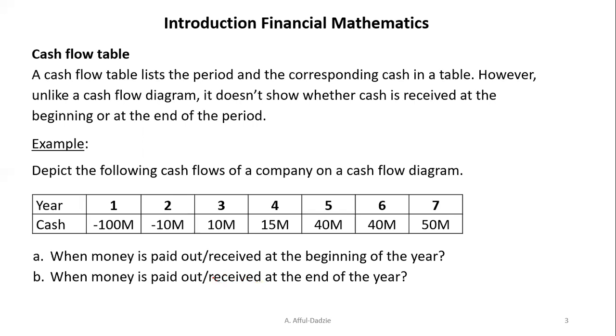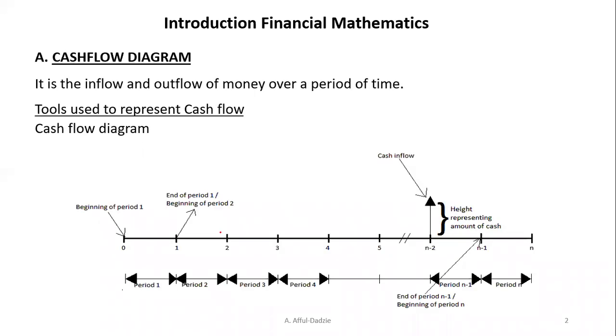Now, let me introduce you to one more thing: when money is paid out or received at the beginning of the year. So, guys, in real life situations, you would agree with me that there are certain times cash flows occur at the beginning of a period or they occur at the end of the period. Sometimes it happens.